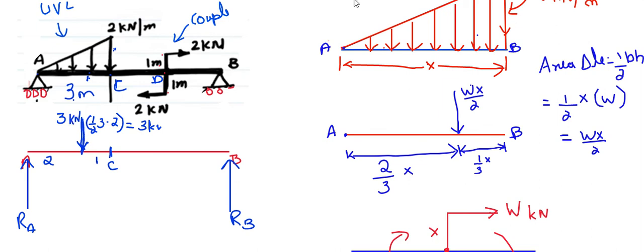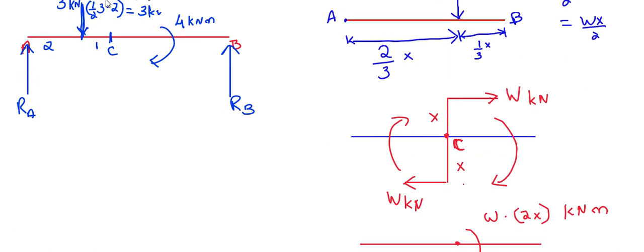And you already have a couple here, and you know that couple is rotating and making a couple moment, that is 2 times 2, that is 4 kilonewton meter couple. And you can solve the rest as a simple problem.